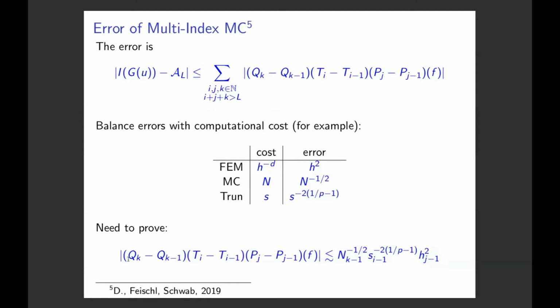The third part here, the Monte Carlo, is much easier to estimate because the bound on the solution operator here just goes into the variance of our integrand. And we can use standard bounds on Monte Carlo errors to get the bound of this product form here.